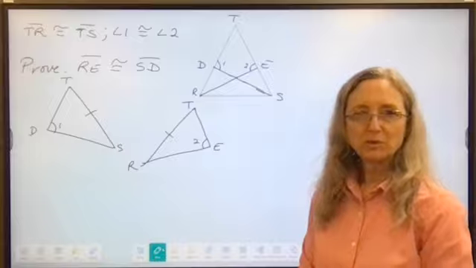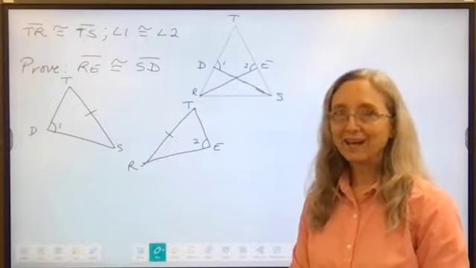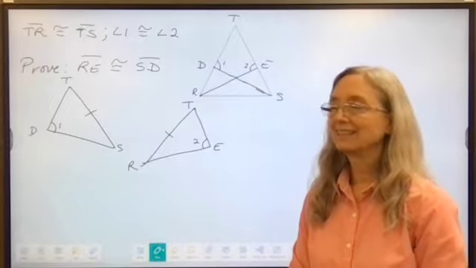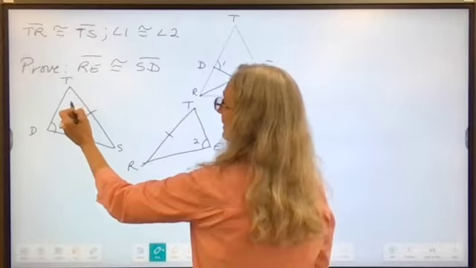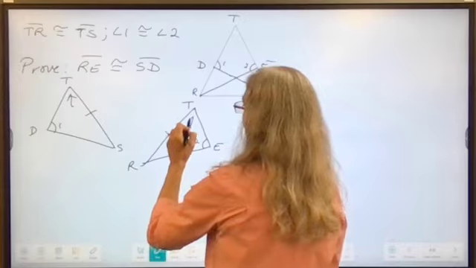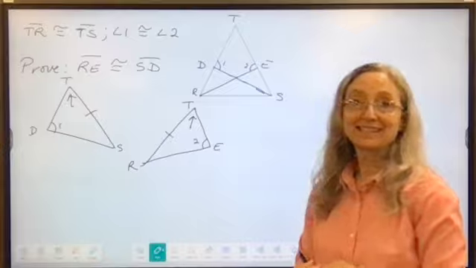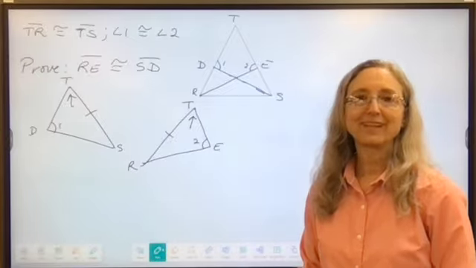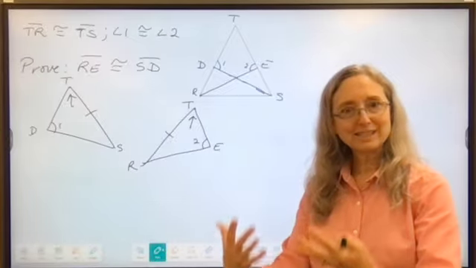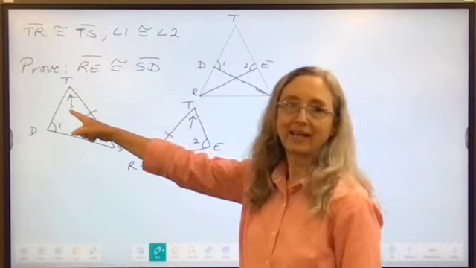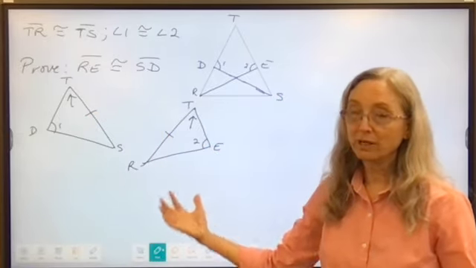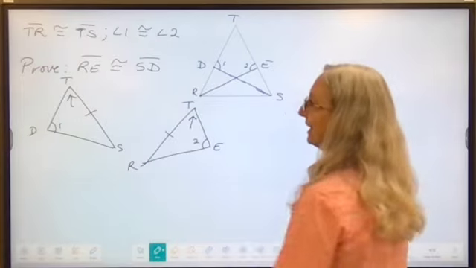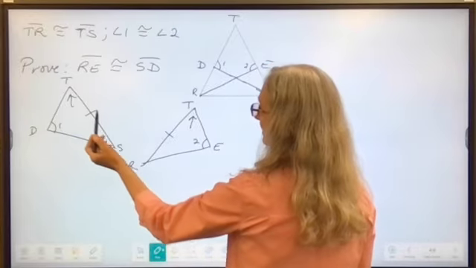If you notice though, because they're overlapping, they have something in common again. Both of them have this angle T. So since angle T is the same, it's going to be congruent. So listing out your two-column proof, list your givens, then list angle T is congruent to angle T by the reflexive property, and now you have angle, angle, side.